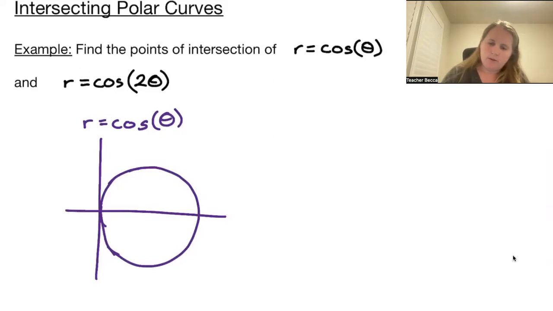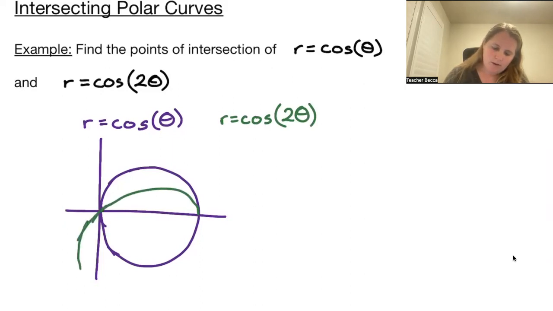So let's do r equals cosine 2 theta in a different color, and we wind up getting this sort of 4-petaled flower shape.